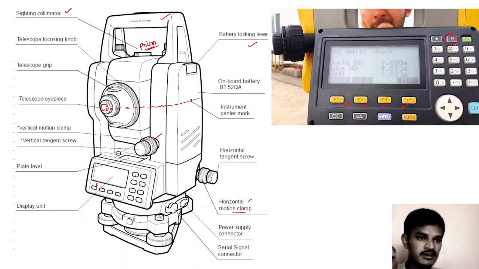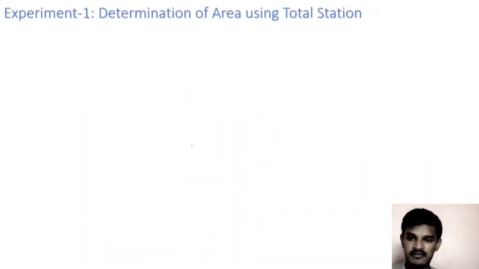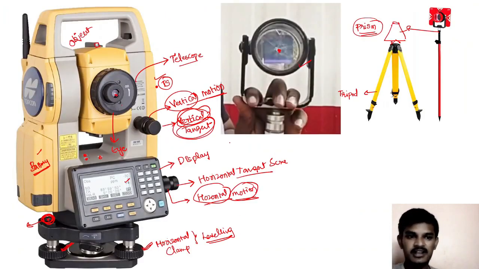This key is used for marking the laser. Once we set up the instrument, in order to mark its center point, we'll use this laser beam function, so that the laser comes from this point and falls directly on the ground, and we can mark that point as the center of this station. So this is used for that purpose.